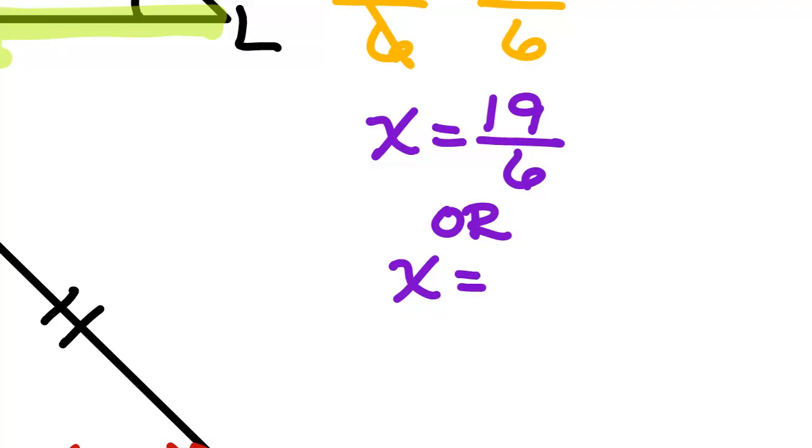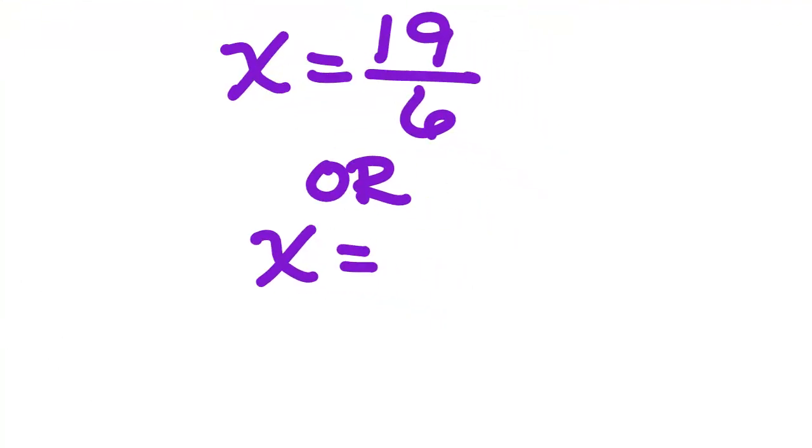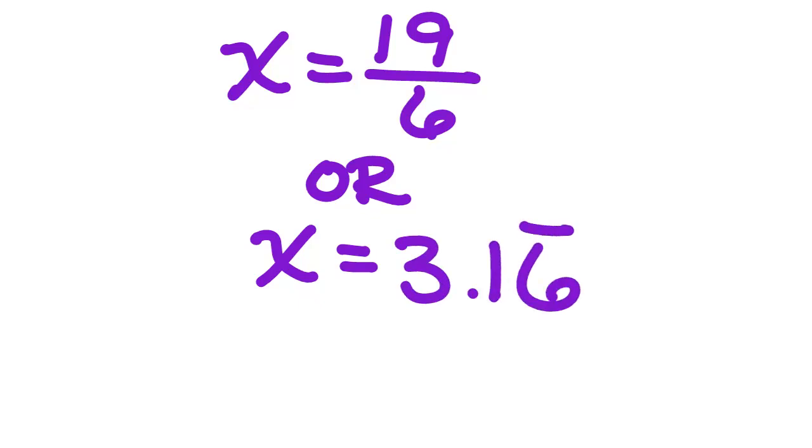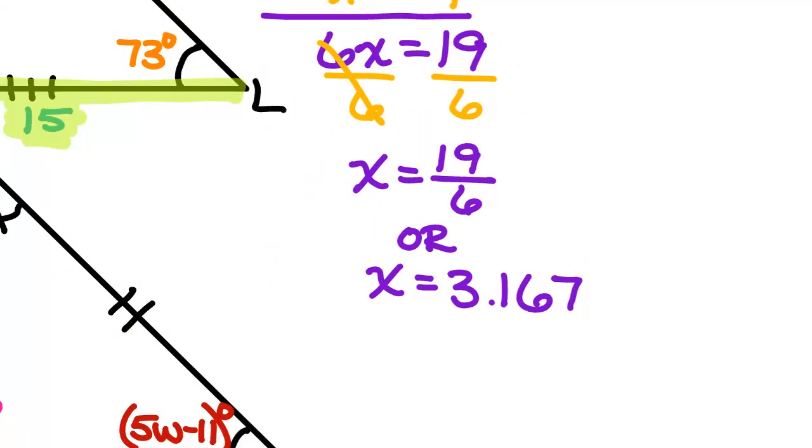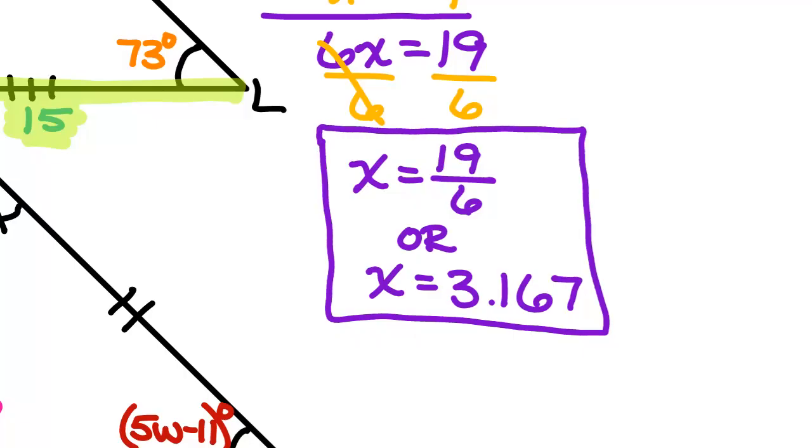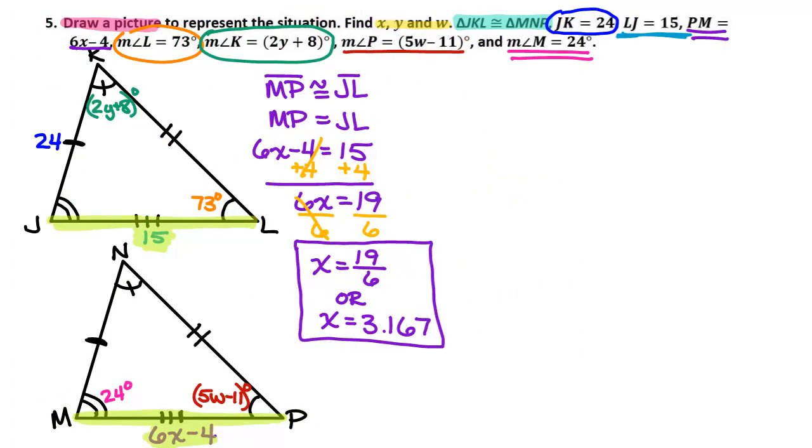What is 19 divided by 6? 3.16, and then the 6 repeats, doesn't it? So 3.167 if I take it out to 3 decimal places. My preference is always that you'll take things out to 3 decimal places. 2 is the bare minimum. You need to give at least 2 decimal places on something that you need to round.